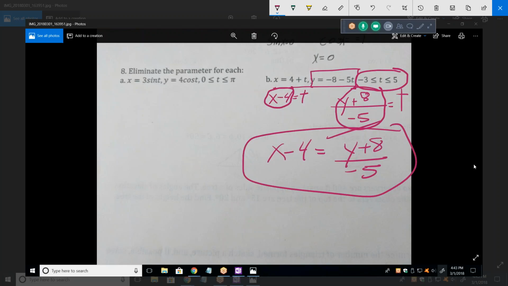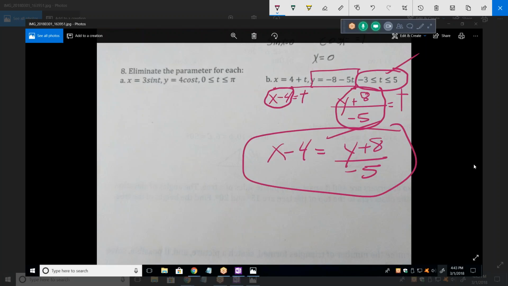That's it. I'm not sure why they give you this domain for t, but if we were going to graph this function, it would only go from 1, which is minus 3 for t, to whatever the y value is, or up to 5. So actually, x would only go from 1 to 9.